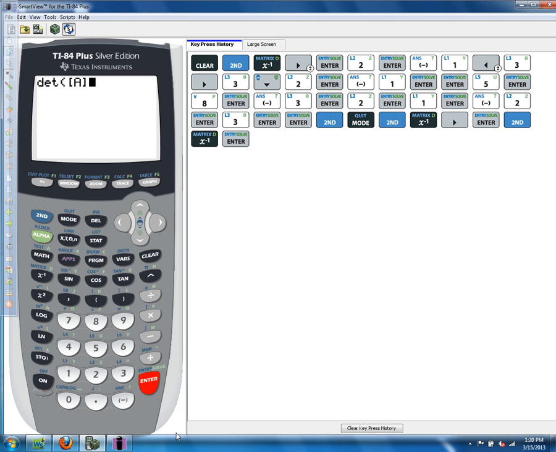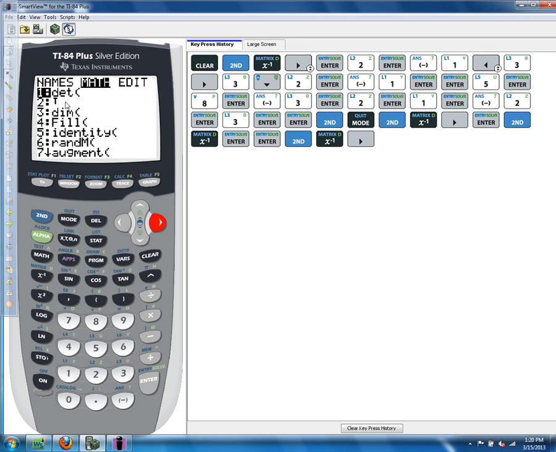So to find the determinant, I just use the matrix menu, in the math column, the first one for determinant. That's all I have to do to find the determinant of any square matrix, even a 2 by 2, but it's faster to find the determinant of a 2 by 2 by hand than it is even to type it into your calculator.